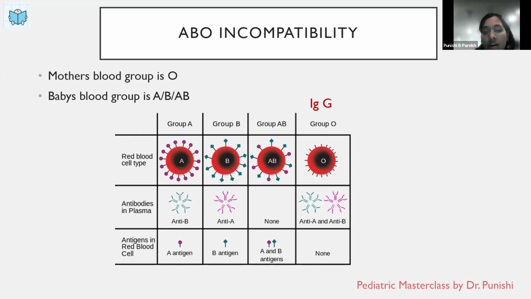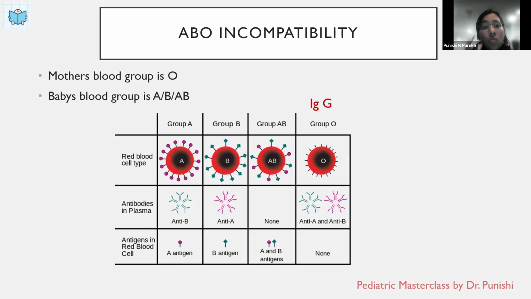So when anti-B attacks B, it leads to hemolysis and jaundice. So this is the basic mechanism of ABO incompatibility, where the IgG type of antibodies produced by the mother who has a blood group O is able to cross the placenta and attack the fetus who has blood group of either A, B, or AB.